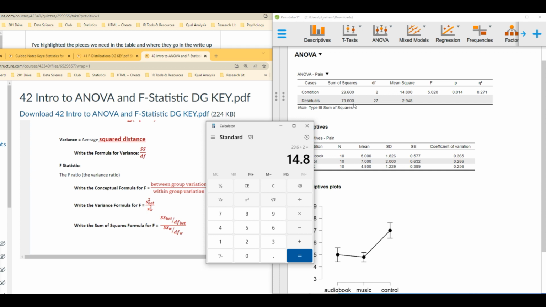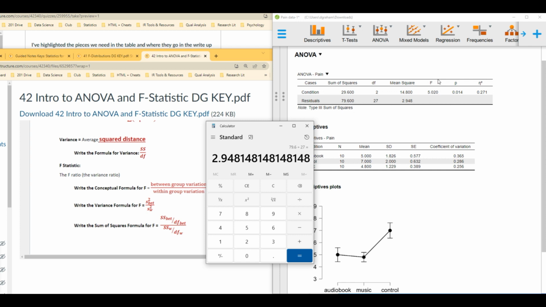We can do the same thing on the bottom, right? This condition, this is between groups, between conditions. On the bottom, this is within groups, that error or residual term. So how much variation do we see within our groups? Just that general residual error that is naturally expected within our groups. If we look at the sum of squares, 79.6, and we divide by our degrees of freedom of 27, that gives us our mean square of 2.948. So dividing across gives us the mean square.